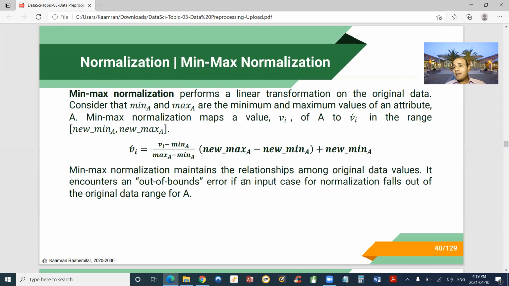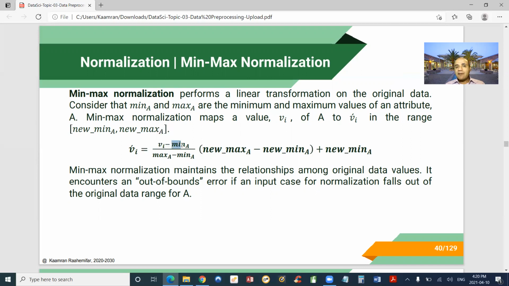Now, if that is the case, the formula of this linear mapping is simple. You have the new maximum, you have a new minimum. This difference, of course, is going to show you the length. And then you have the new minimum as a constant, that's the offset. But then you want to see where the data you're trying to map is resting in the existing data. So you're going to say, listen, I've got the data.